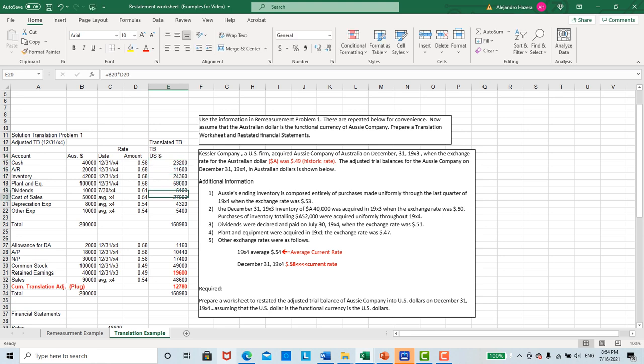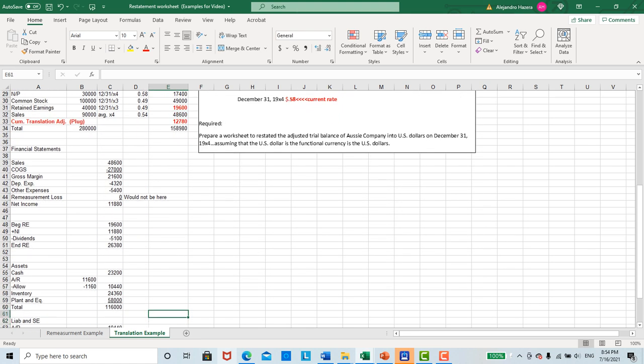All the numbers that you brought down from the adjusted trial balance to these financial statements were US dollars. So these are the 19X4 financial statements, and keep in mind that these are US dollars.